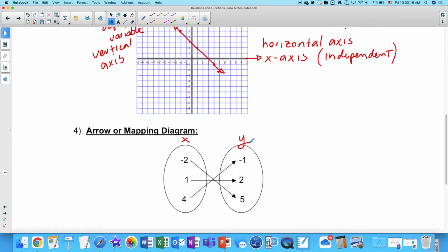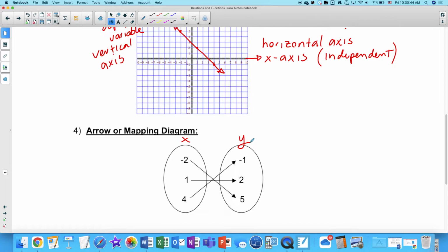And what we do is we put all of the different x values or independent variables in that bubble and all of the different dependent ones on the right. And then we draw an arrow connecting the two, okay? So -2 is associated with 5 or mapped to 5. That's why it's sometimes called a mapping diagram. 1 is mapped to 2 or associated with 2. 4 is mapped to -1.